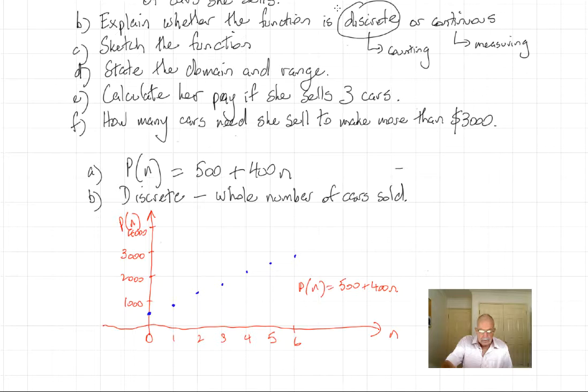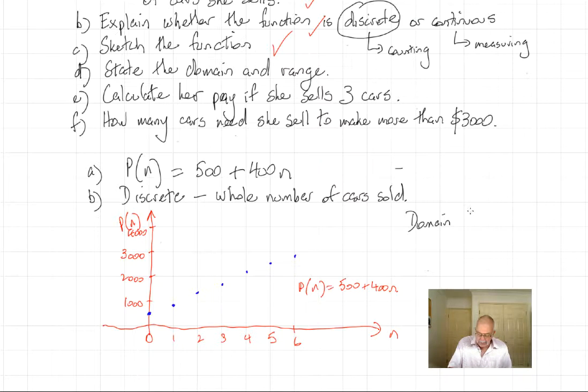So we've done that one, we've sketched the function. Okay, let's have a look. State the domain and range, and I'll put it off to one side here so we can see what's going on. So the domain are all possible n values. And in this case, it's not all values in between, so we need to be careful here.